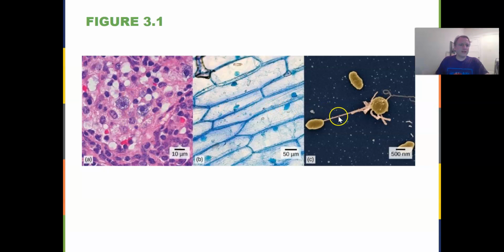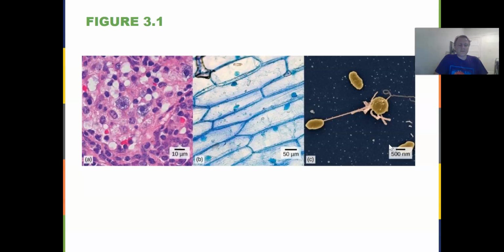On the far right here, we have prokaryotic cells, and I'm going to get into that later. These are prokaryotic versus these two, which are eukaryotic. We'll notice these tiny prokaryotic bacterial cells, and you'll see that this is scaled at 500 nanometers.